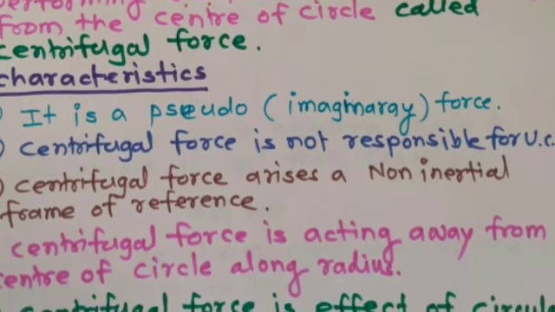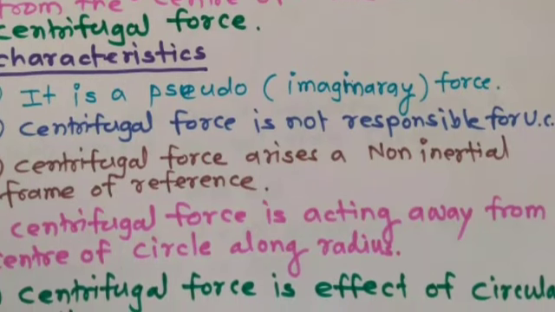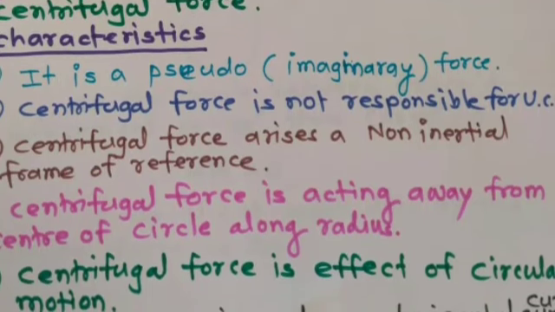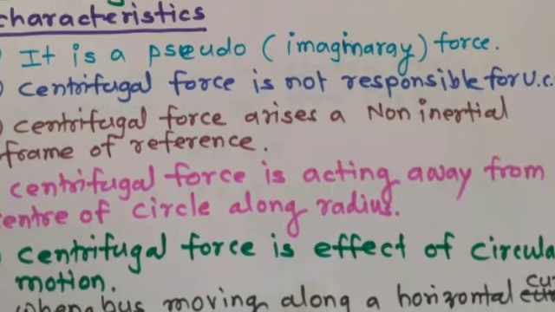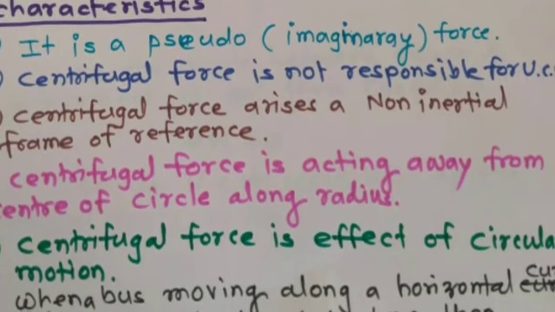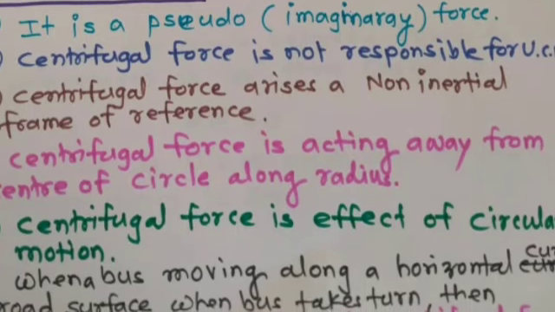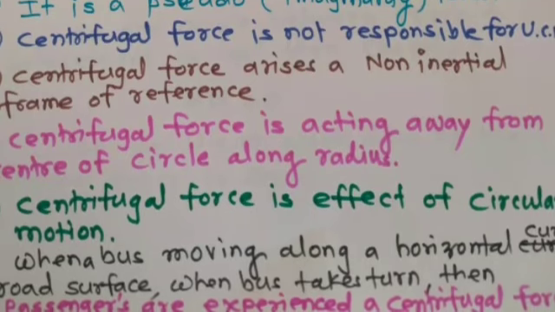Number 5, centrifugal force is an effect of circular motion. And number 6, when a bus is moving along a horizontal curved road surface and takes a turn, then passengers experience a centrifugal force.